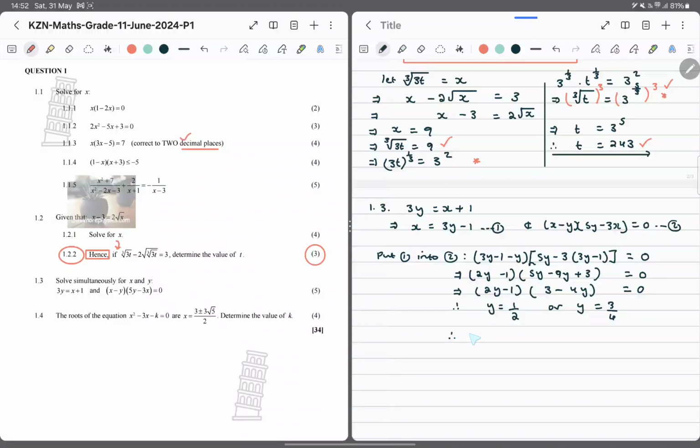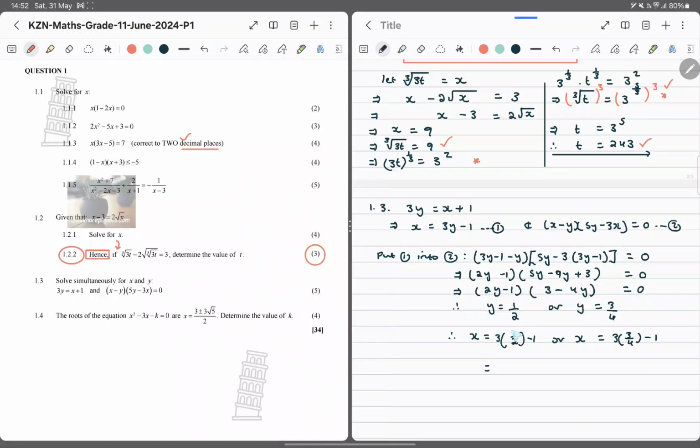Right. Therefore, x is going to be equal to 3 into a half minus 1, or x is going to be equal to 3 into 3 over 4 minus 1.